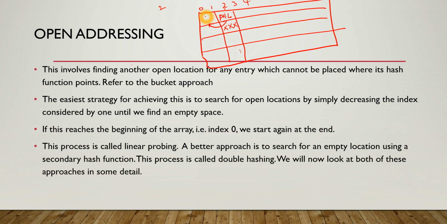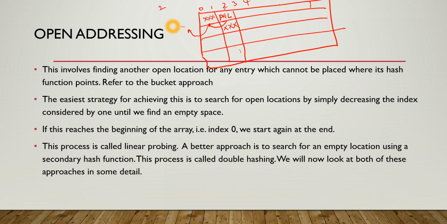When you note that this place is empty, you place your XXX there. But if it is already occupied, you also move, and having come to the beginning of the array, you now go to the end of the array and continue. And this particular linear movement in the negative direction is called linear probing. Okay, that is linear probing.